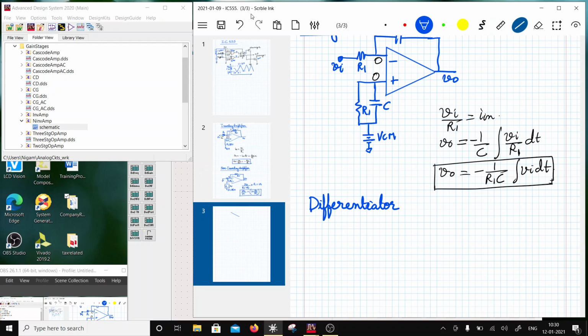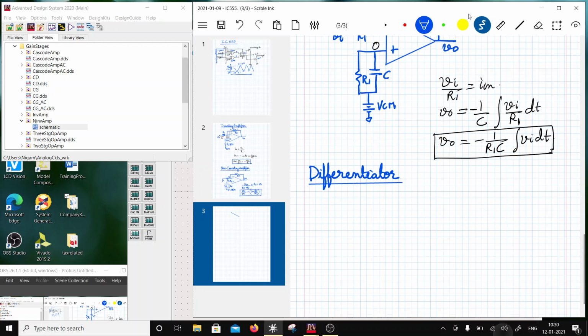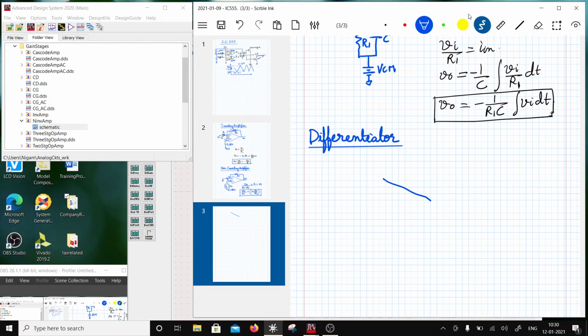Okay, and for a differentiator, what do I have? I have the same OpAmp over here. And this is an inverting, this is a non-inverting, and I have a capacitor on the input.